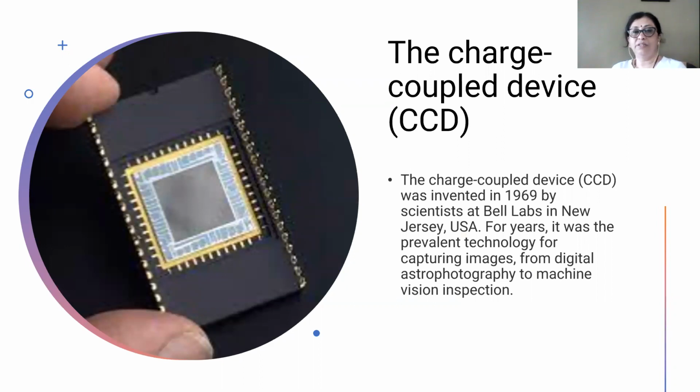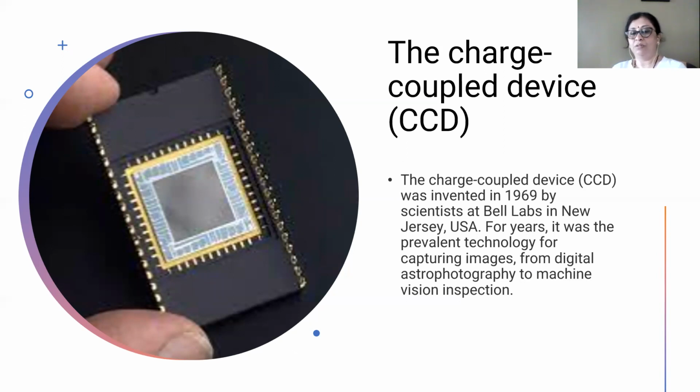So yesterday we were discussing charge coupled devices or CCD. It was invented in 1969 at Bell Laboratories. Earlier it was a dominant technology for capturing images, starting from simple applications to sophisticated applications like digital astrophotography or machine vision.